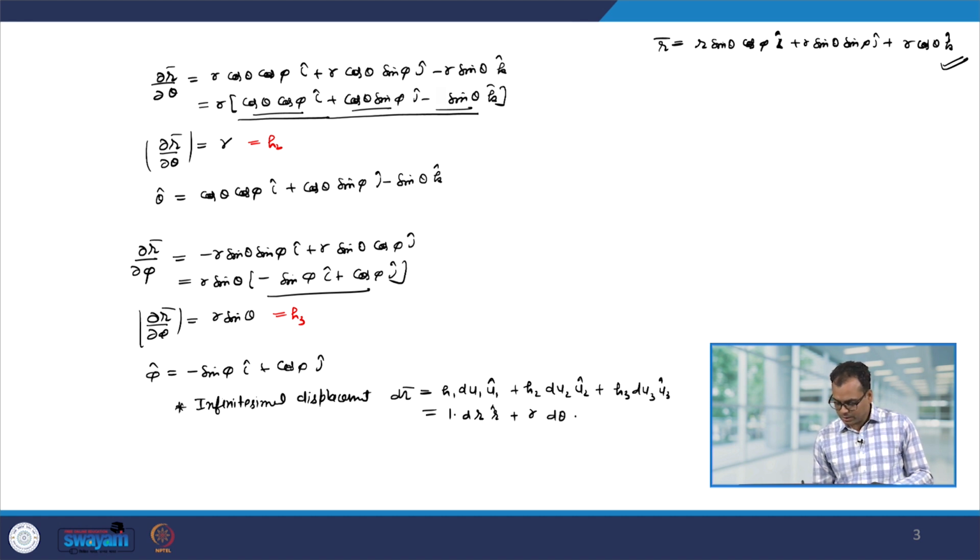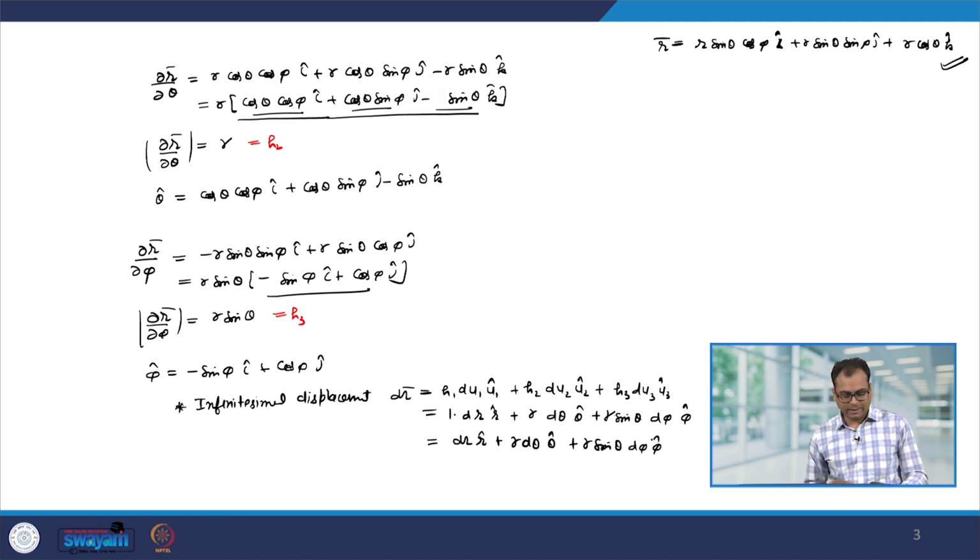So, this is d theta theta cap plus h3 is r sin theta, and u3 is phi. So, d phi phi cap. Therefore, the infinitesimal displacement vector in spherical coordinate becomes dr r cap plus r d theta theta cap plus r sin theta d phi phi cap.